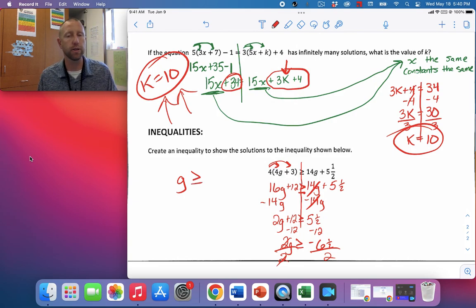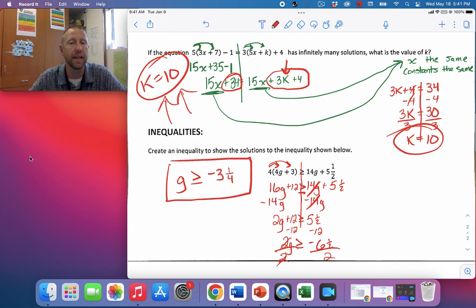G has to be greater than or equal to negative 6.5 divided by 2, which is negative 3.25. That is what they mean when they say create an inequality to show the solutions. G just has to be bigger than negative 3.25 or equal to negative 3.25 to make that true.